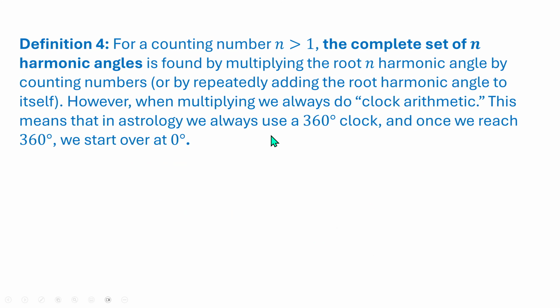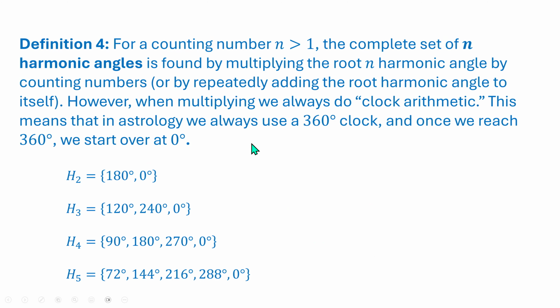This means that in astrology, we always use a 360-degree clock, and once we reach 360 degrees, we start over at 0 degrees. So here are some examples of complete sets of harmonic angles for different harmonics. In my notation here, H represents harmonic, and the subscript tells you which harmonic we're looking at. And then I've got a complete set.